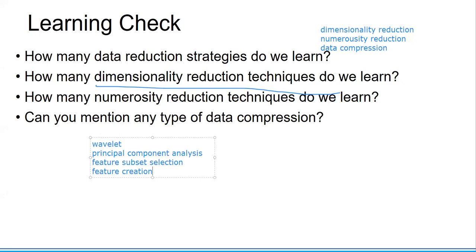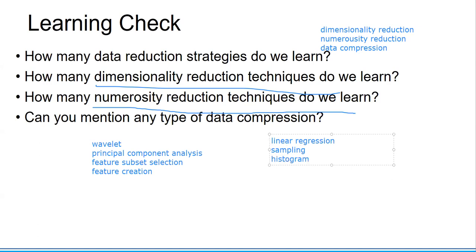What about numerosity reduction? How many numerosity reduction techniques do we learn? There are various kinds of numerosity reduction. We can use linear regression, and then we can use the sampling method. We can use the histogram.